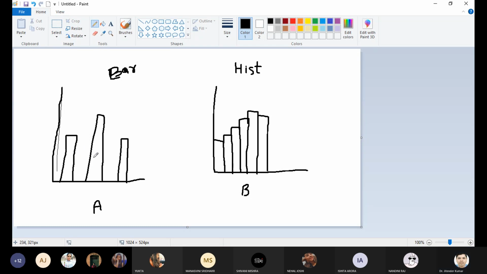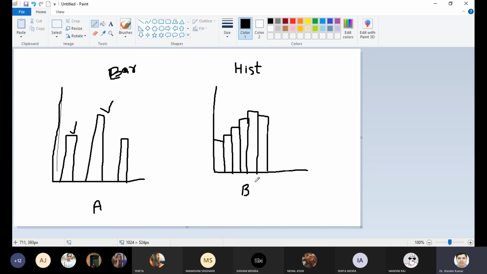Because the way we show different variables, they have nothing in common. Suppose this bar is for weight and this one is for height. Since they are entirely two different variables, they are not touching each other. So this is used basically for different groups.